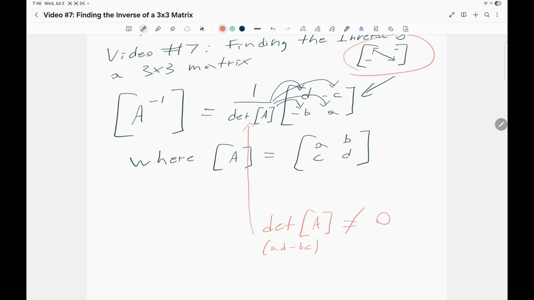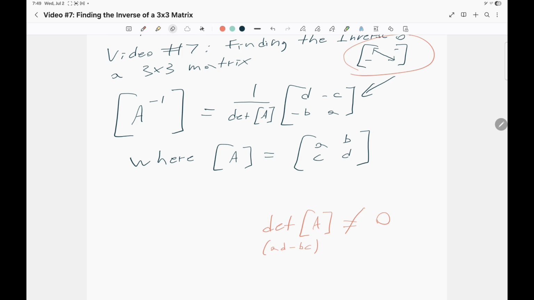So this carries over when we want to find the inverse of a 3 by 3. Even though, to my knowledge anyway, there's no nice general formula like this that we would use to find the inverse of a 3 by 3 matrix, as we'll see in a moment.